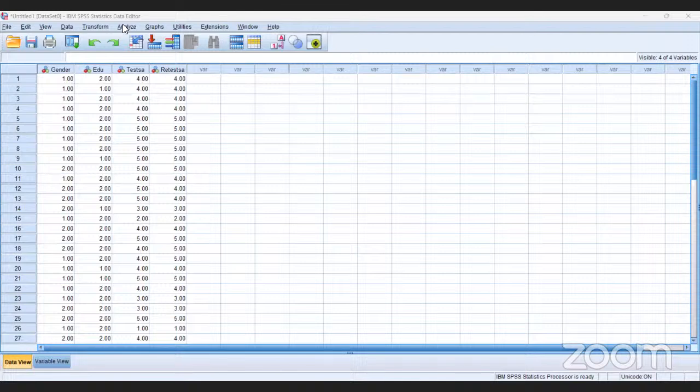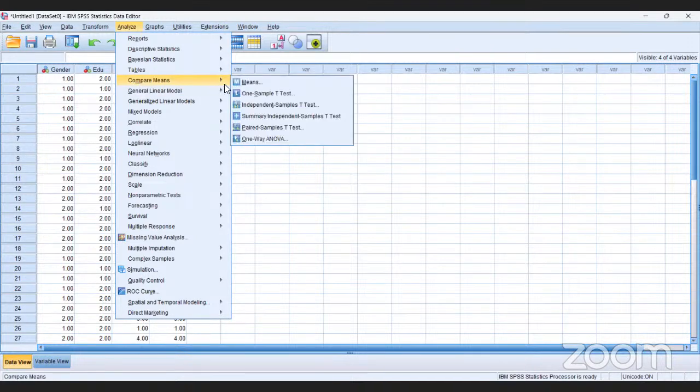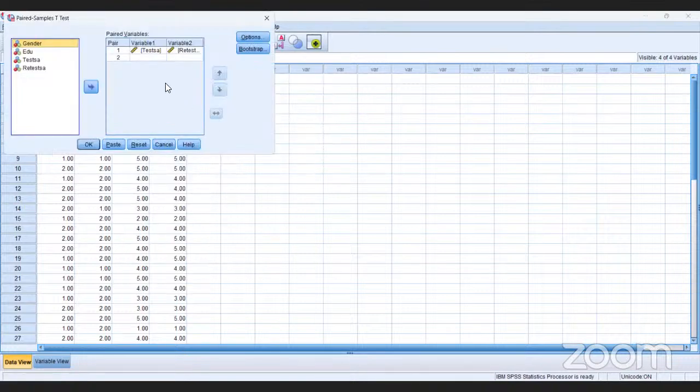So first you have to click Analyze, then Compare Means. Next, paired sample t-test. Next, these two variables will be there. After that, OK.